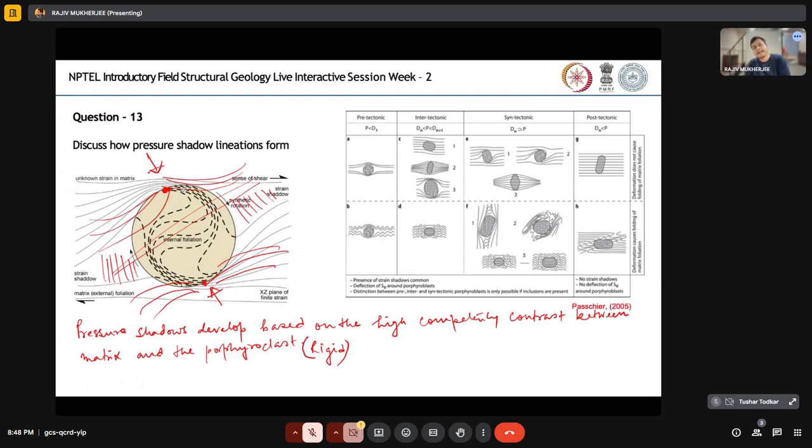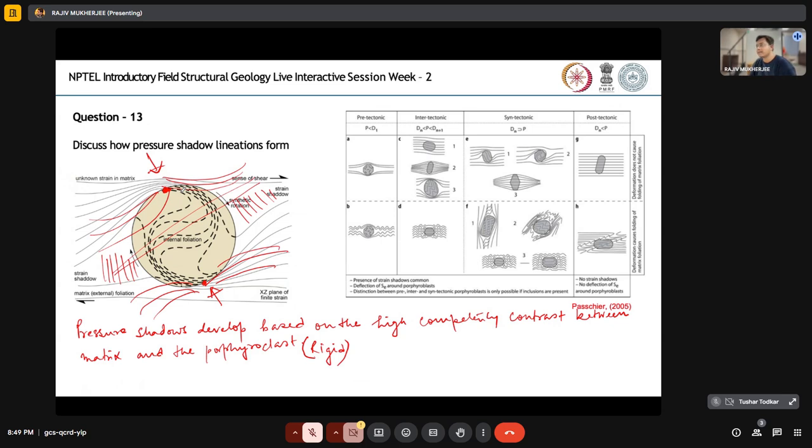So if the porphyroblast exists even before the deformation, then the new phase of deformation just warps around the pre-existing porphyroblast, and that is how we can define the pre-tectonic porphyroblasts.